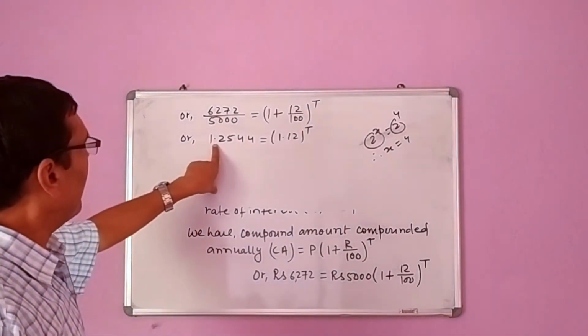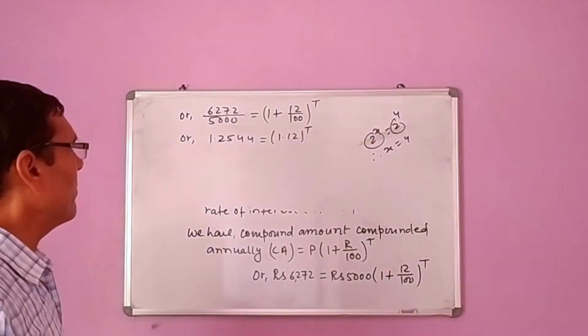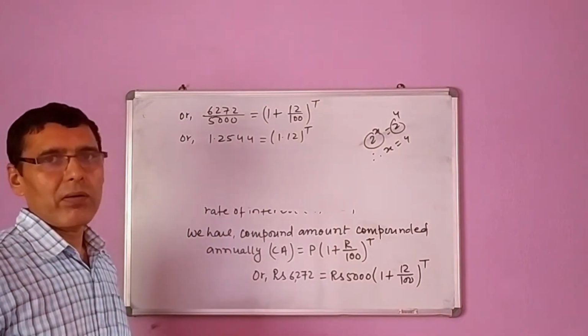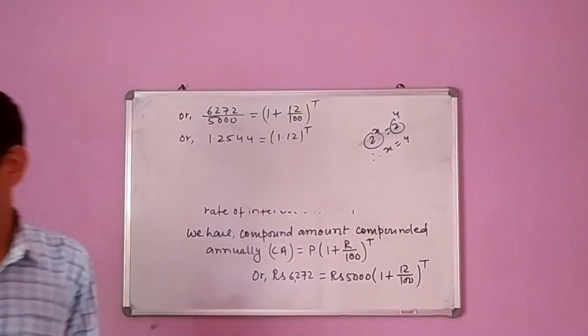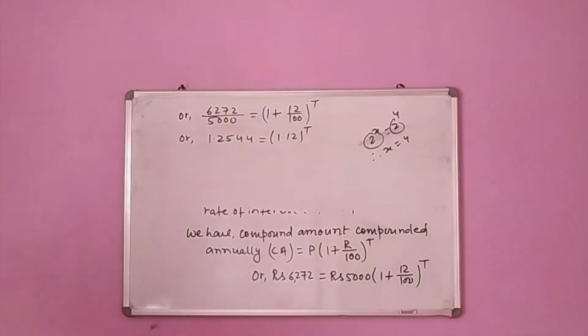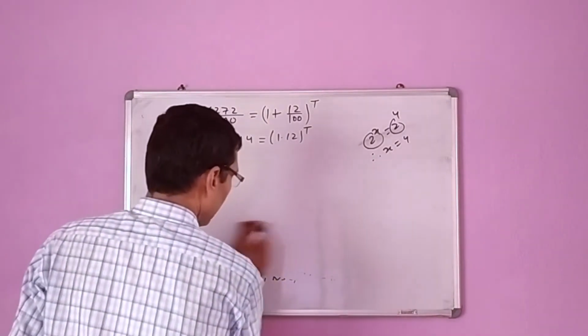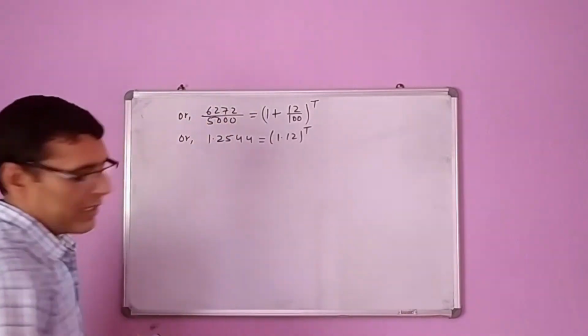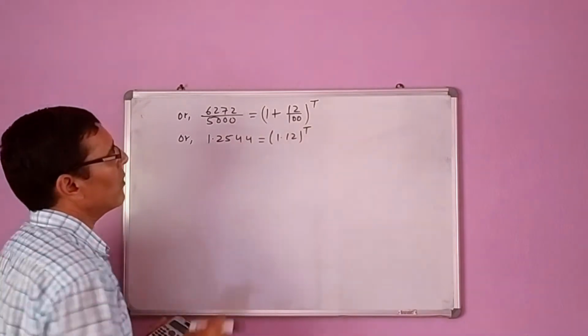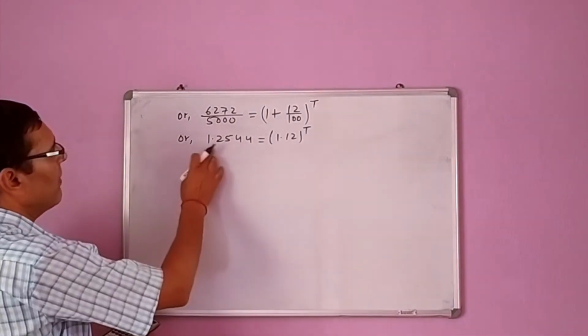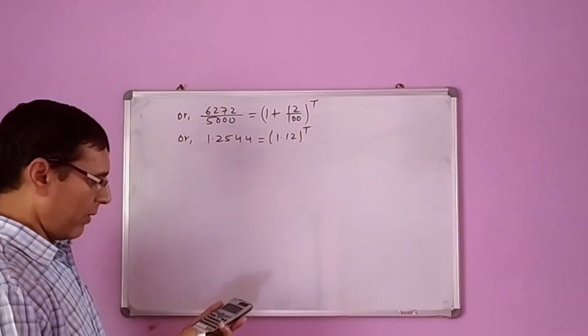So this left hand side 1.2544 also must be some power of 1.12. Let's try to find it. It is very easy. So multiplying how many times this 1.12 we get this value 1.2544.